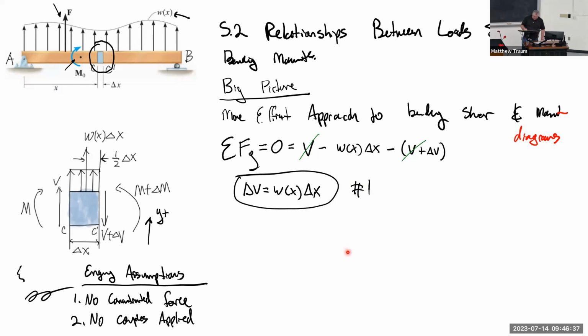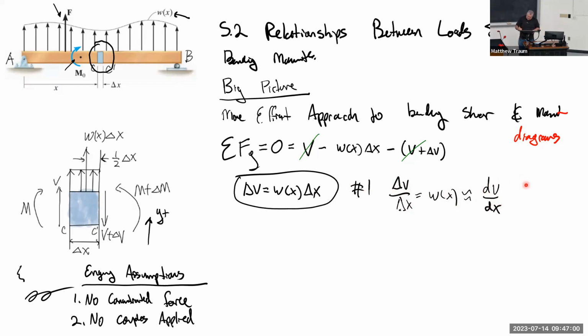And now we get to do calculus, which is, I'm going to say, okay, delta V over delta X is equal to W of X. And that looks an awful lot like a derivative, dV/dx.